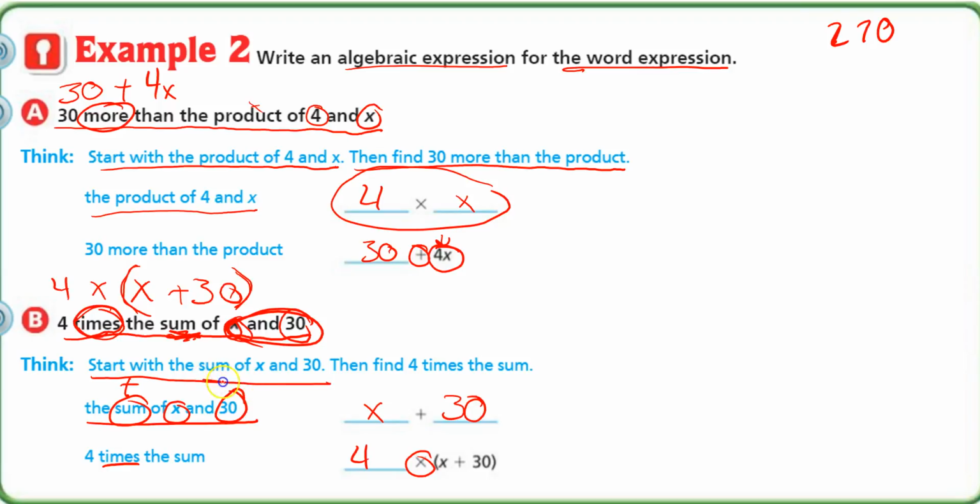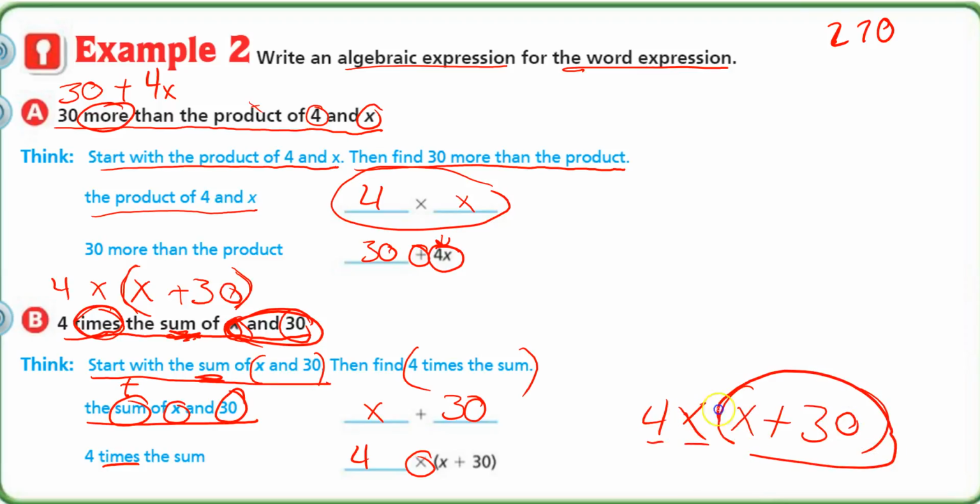Sum of, the sum, so when you add, what are you adding? X and 30. And then 4 times that would just be 4 times whatever you get for the sum, meaning plus, x plus 30. And we're doing 4 times this.